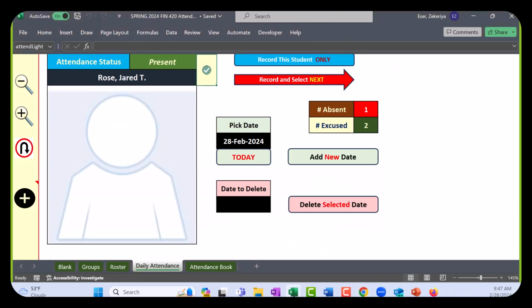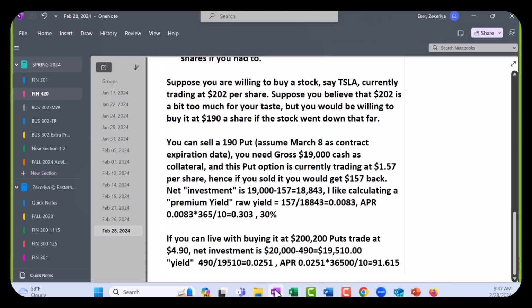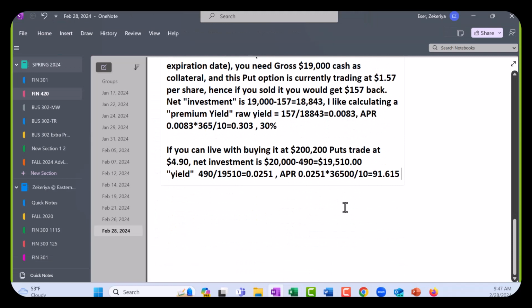All right. Do you guys have any questions on how to kind of think about these? One rule is don't do these strategies if the implied volatilities are low.